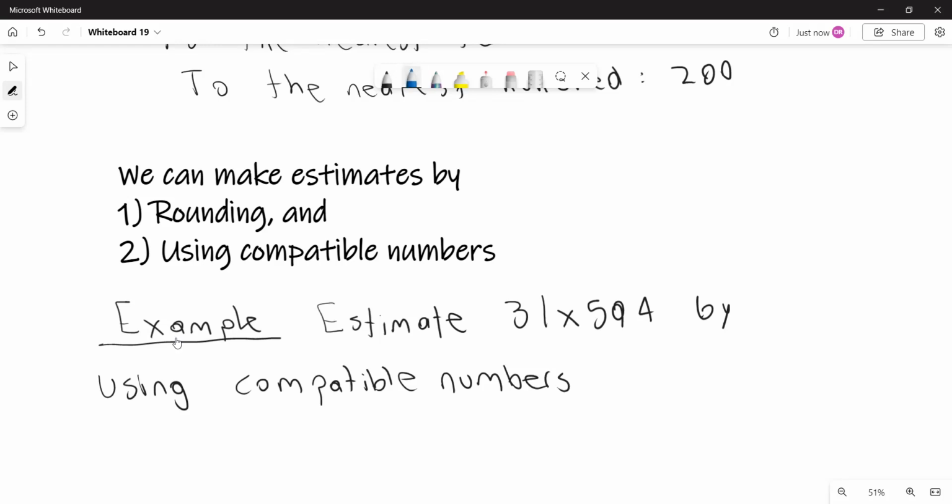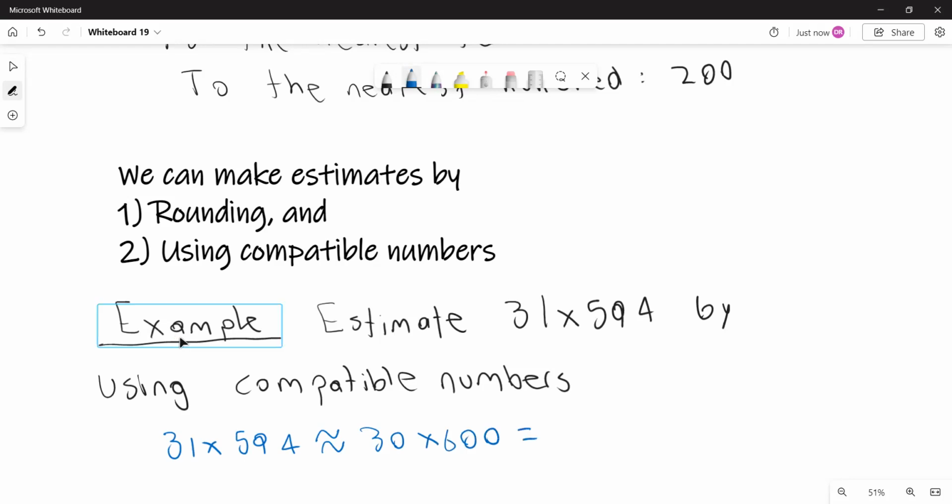So 31 times 594 is, this symbol means approximately equal, so that's going to be approximately equal to, instead of 31, choose 30, and instead of 594, choose 600.